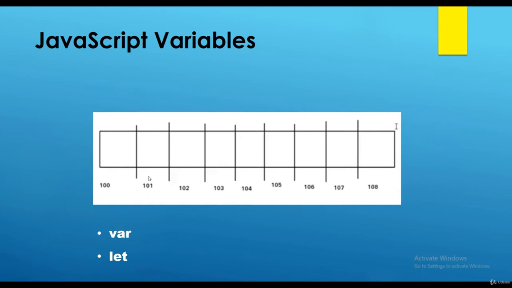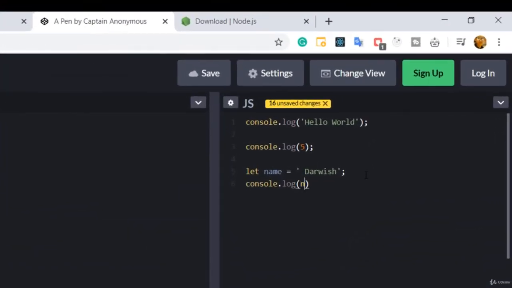So if I would like to print the value inside this area, I just call it by its name. Maybe that one has a name age, maybe that one color, maybe that one your favorite game, and so on. So here you will find Darwish is printed.